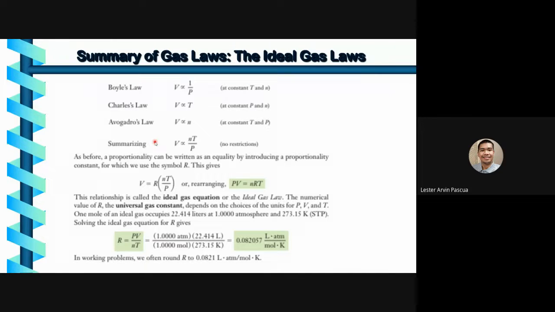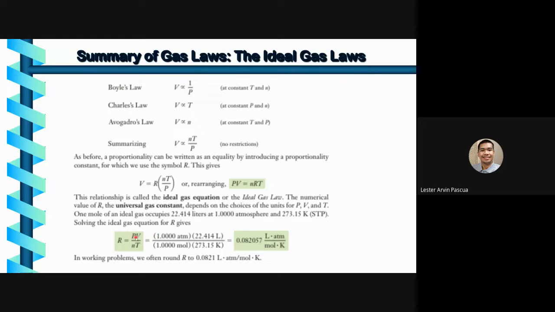Okay, so we can summarize all those laws into what we now know as the ideal gas law equation. Okay? Pag pinagsama-sama natin yan, makukuha natin yung formula na ito, which is your PV equals nRT. Yung R dito, this is called the universal gas constant. Okay? This was determined using experiments then.